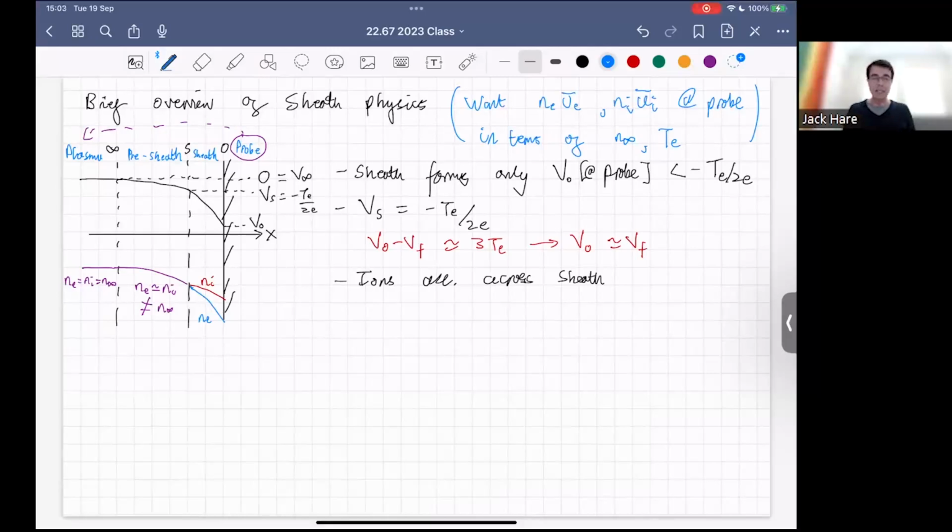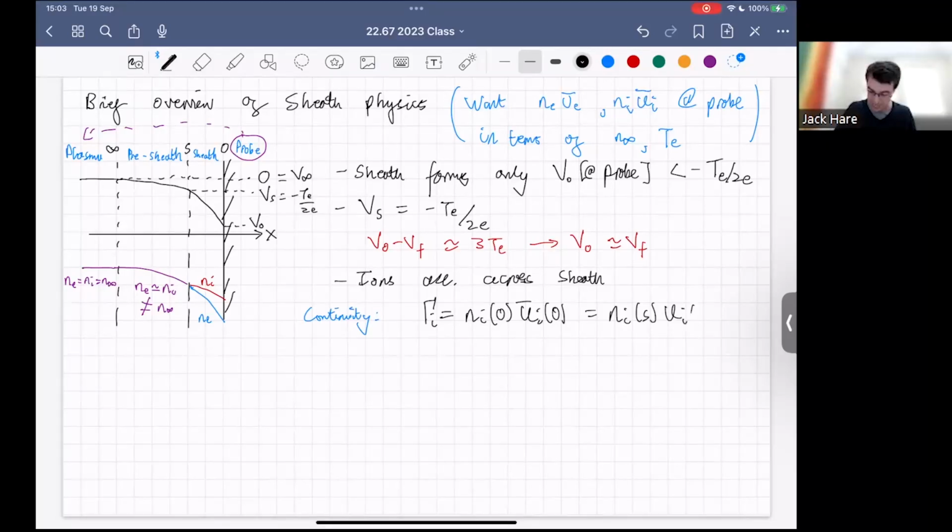So although we know the potential at the sheath, the potential at the probe is still kind of arbitrary, so this isn't particularly useful. But we can make use of the continuity equation to make some rather powerful arguments here. Continuity is going to say that the flux of ions which are hitting the probe, which is the quantity that we're measuring with our probe, so this is Ni at 0, Ui at 0, is simply going to be equal to the flux of ions crossing the sheath boundary.